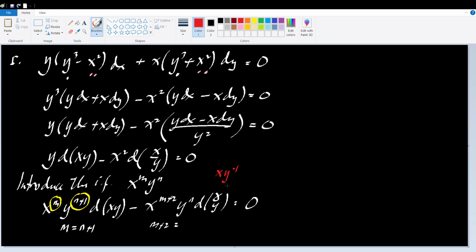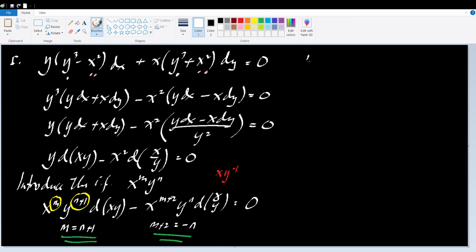No? So the coefficient of x must be the negative of the coefficient of y. So in this case, m plus 2 must equal negative n. So with these two equations, we'll be able to find the values of m and n.